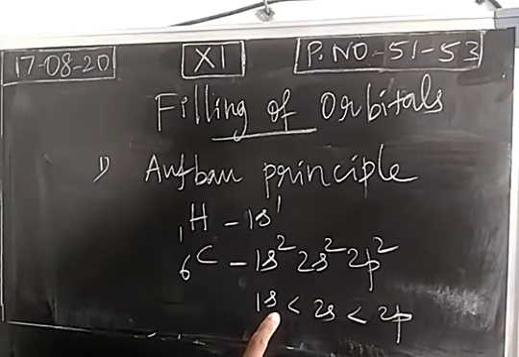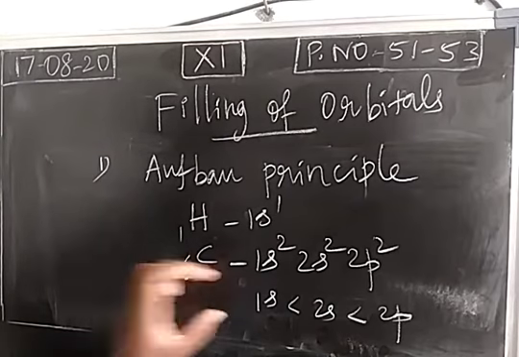So out of 6 electrons, the first 2 occupy the 1s orbital. Why? Maximum 2 electrons can be placed in an orbital. So out of 6, 2 electrons are placed in the lower energy orbital 1s. Then electrons go into the higher energy orbital 2s. After filling the 2s orbital, the electrons move into the higher energy orbital 2p. So always electrons are filled in the orbitals in the increasing order of energy.